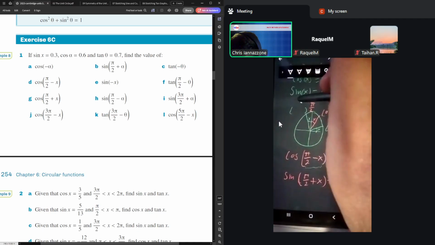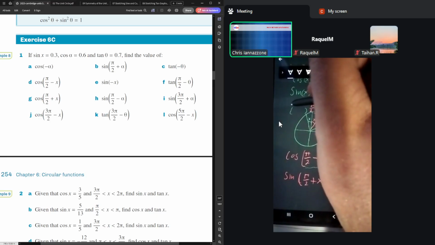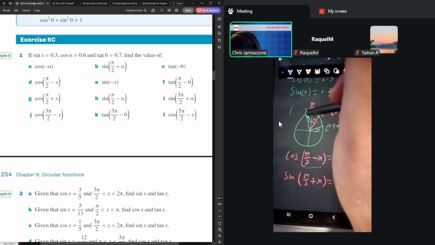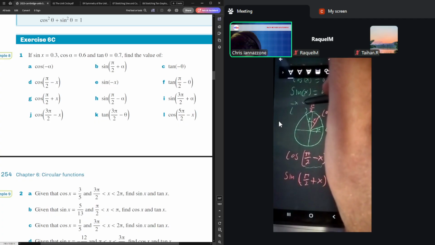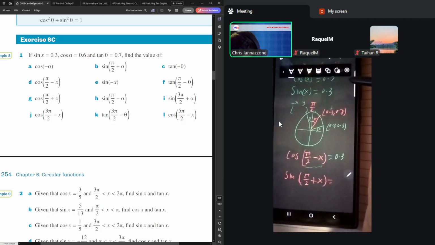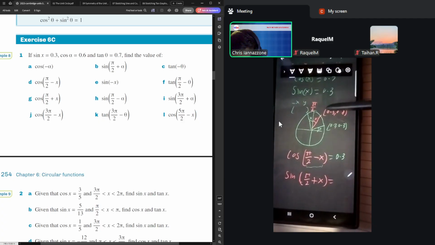Yes, so in quadrant 2, we're going to have negative x's and positive y's, essentially. So that tells us how quadrant 2 is going to behave.